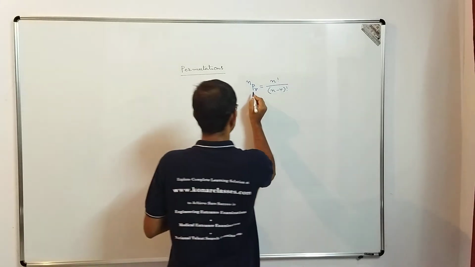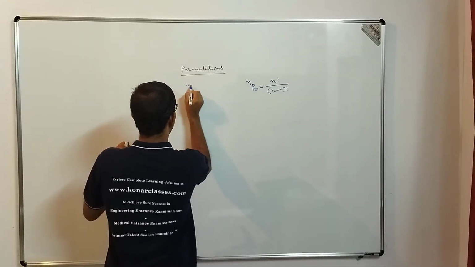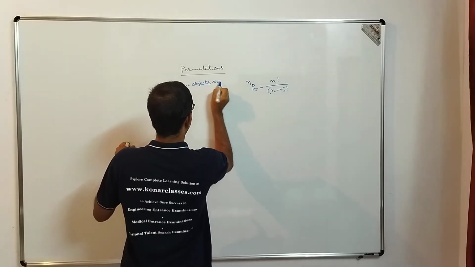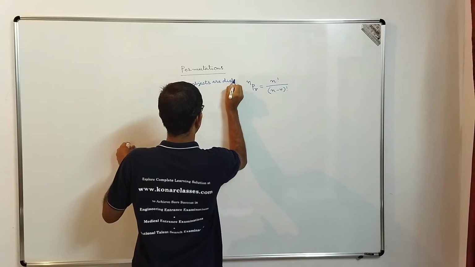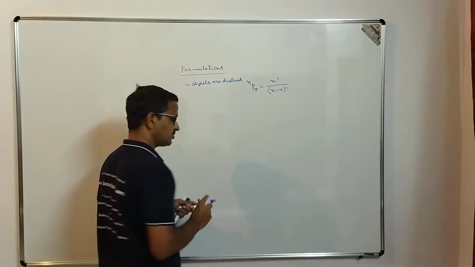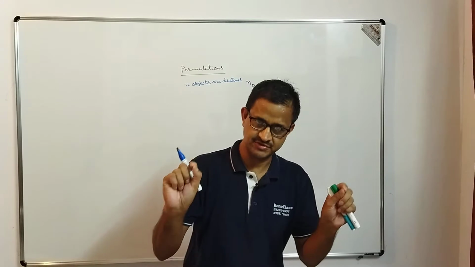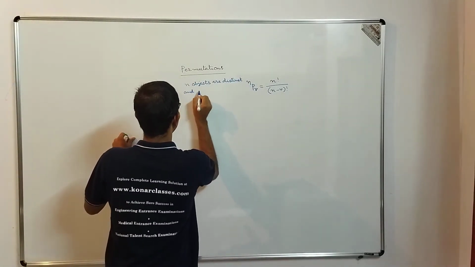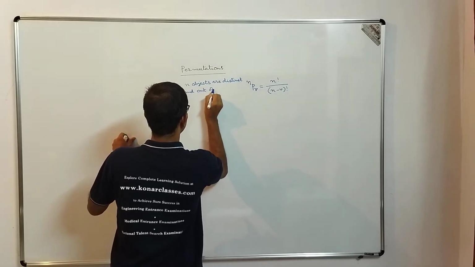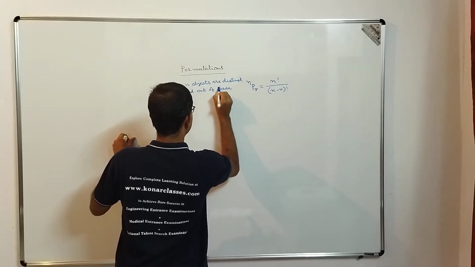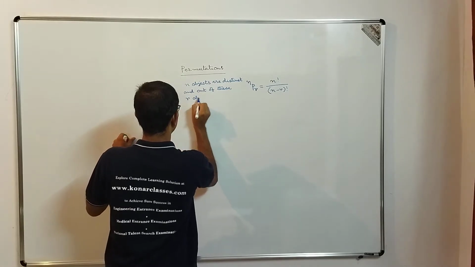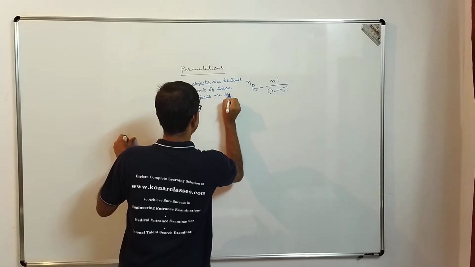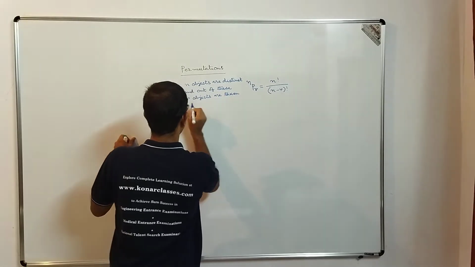Under what condition? The condition is that n objects are distinct. This means all these n objects are different, and out of these, r objects are taken without repetition.